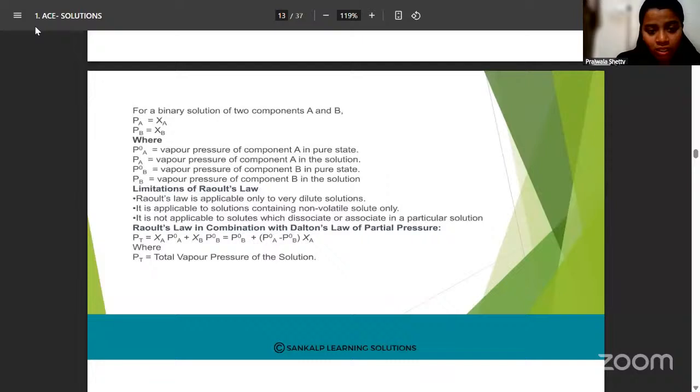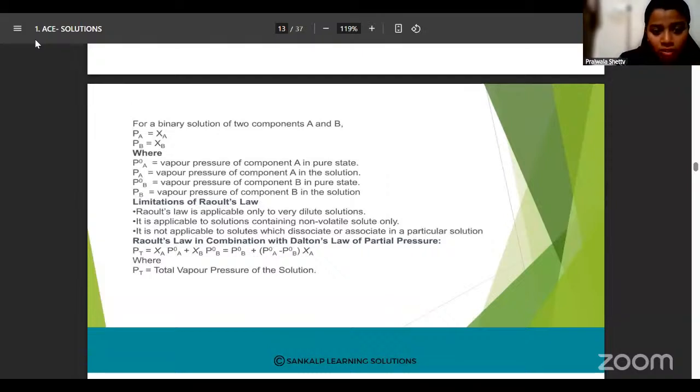This is the equation which I showed you just now, which is P total. Here they are given as A and B, where I have shown you as 1 and 2, for first component and second component.